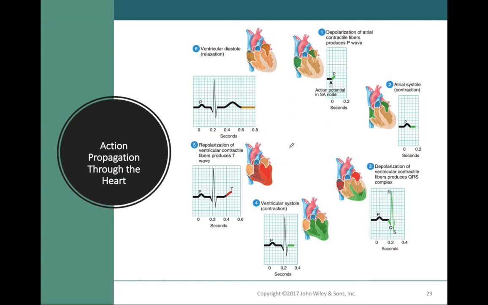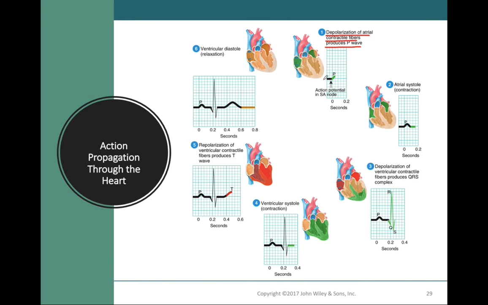So this slide will hopefully be very effective in showing you how we get this EKG tracing from the events that are occurring in the cardiac cycle. So we'll start here at number 1, which is the depolarization of the fibers that produce the P wave. So the firing of the SA node, which leads to atrial contraction.